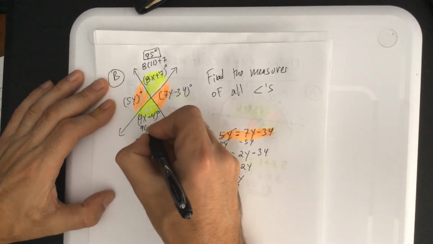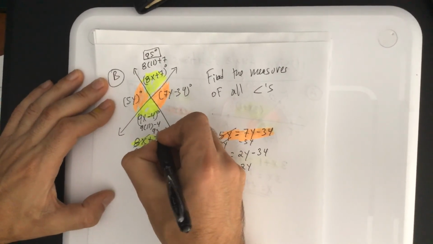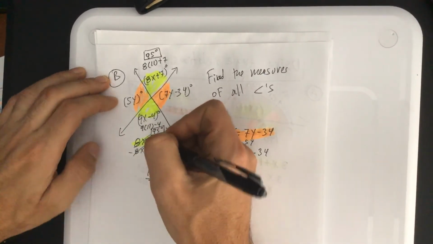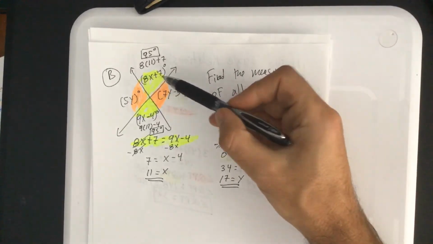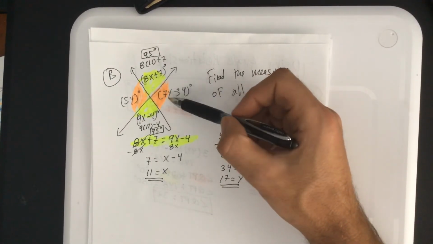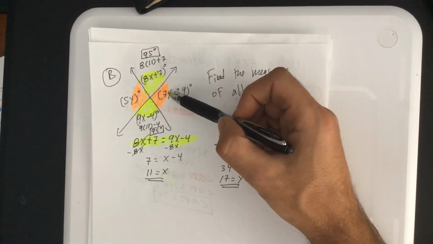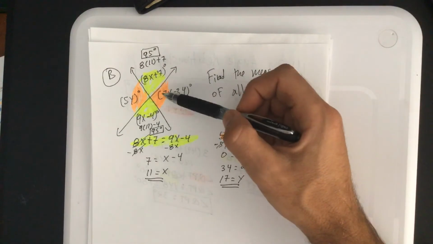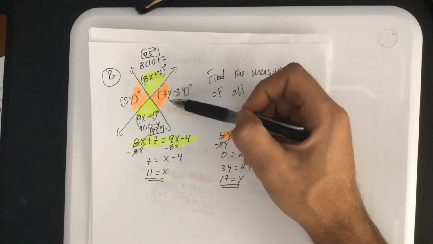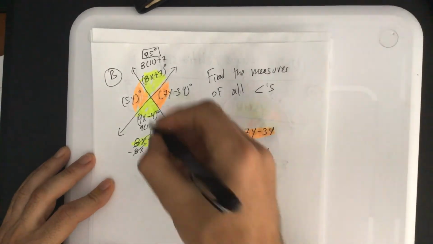So 9 times 11 minus 4, guess what? 95 degrees. You know that this angle and this angle are a linear pair. They're going to add up to 180 degrees. So you can find this by going 180 minus 95. But we're going to check that by plugging in the y here, the 17.